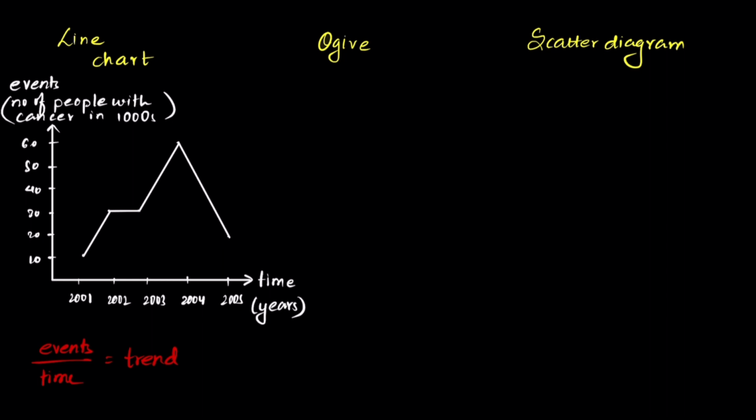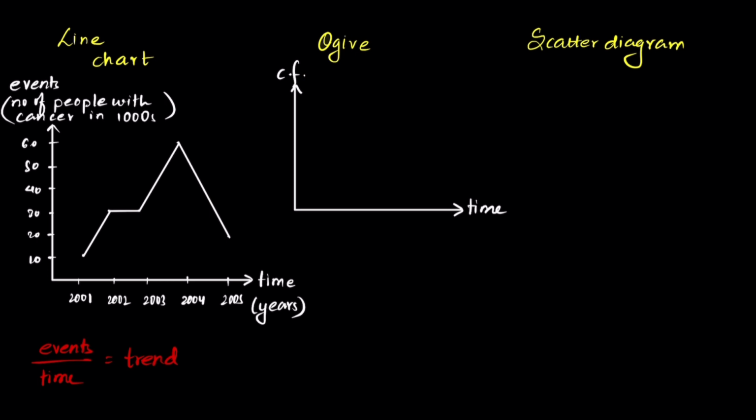Okay. Next up, we have Ogive. Ogive is similar to line chart. That is, it also has time on x-axis. However, on y-axis, instead of having your typical frequency, you have something called cumulative frequency. And what's cumulative frequency? For that, you have to wait for the next lecture.